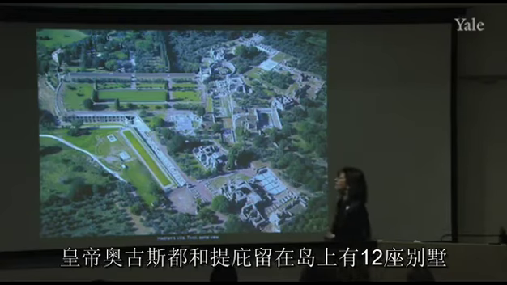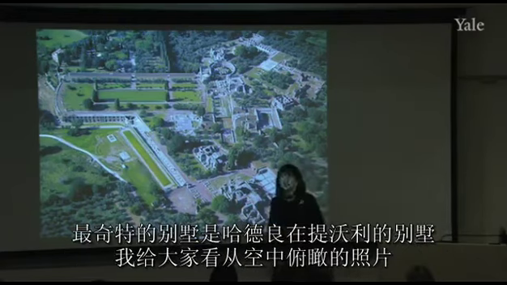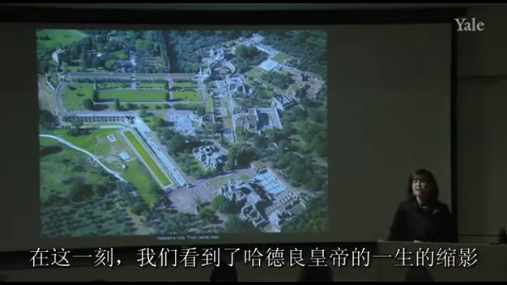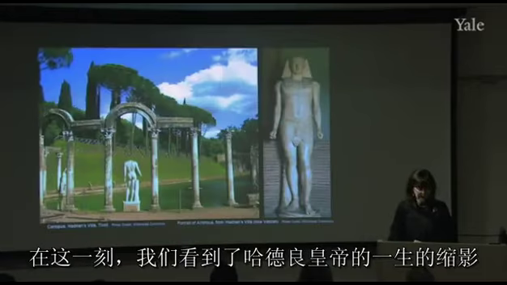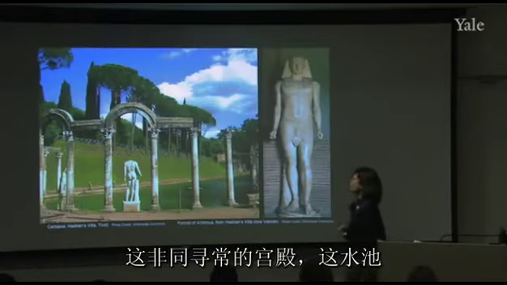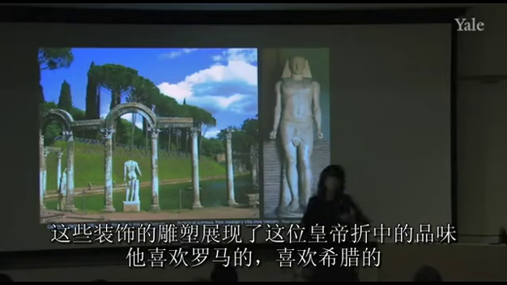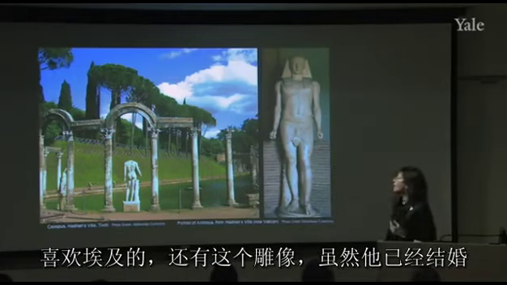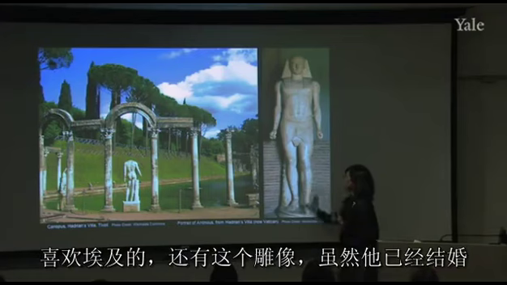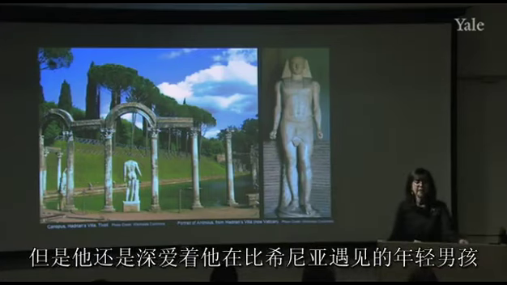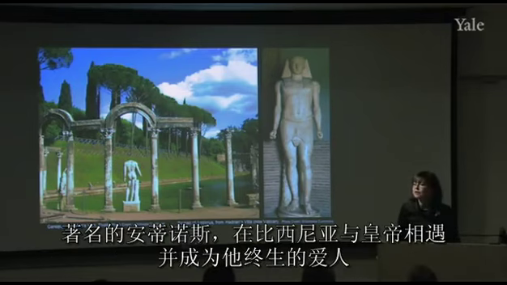The most extraordinary villa, Hadrian's Villa at Tivoli, which I show you here from the air, is a kind of microcosm of the empire at that particular time, with extraordinary buildings, with pools, decorated with sculpture that shows the eclectic taste of the emperor, who liked things Roman, liked things Greek, liked things Egyptian. He was married, but he also had a beloved young boy whom he met in Bithynia, the famous Antinous, who became the love of his life.